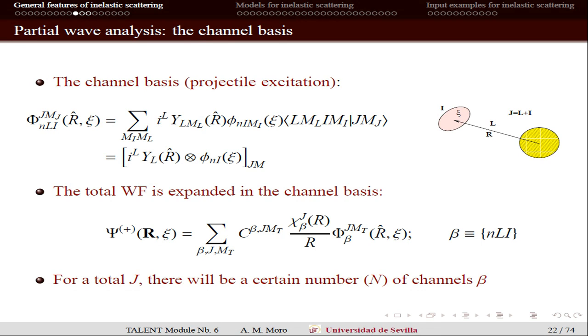Of course, we could also include here the spin of the target, and then we will have to take into account the conservation of the total angular momentum. But again, just in order to simplify our notation, we will consider only the spin of the projectile, and one can imagine a way of extending this formalism.